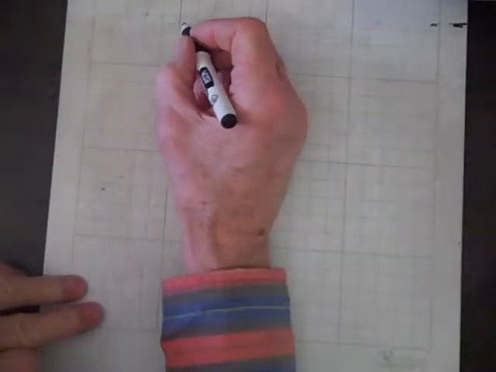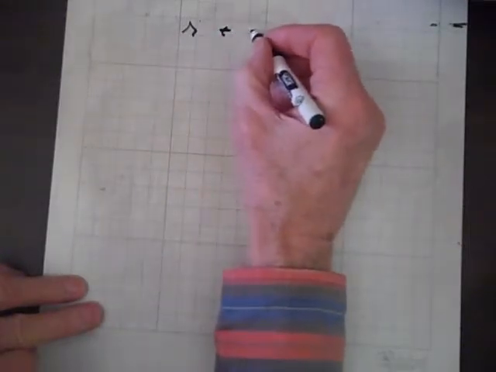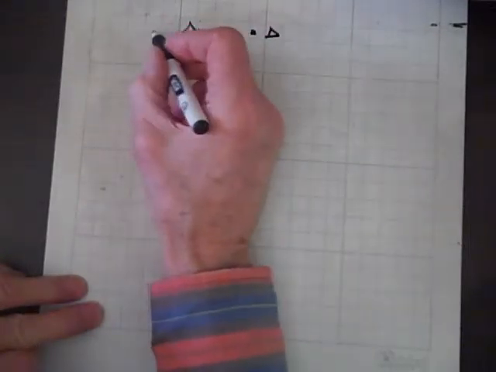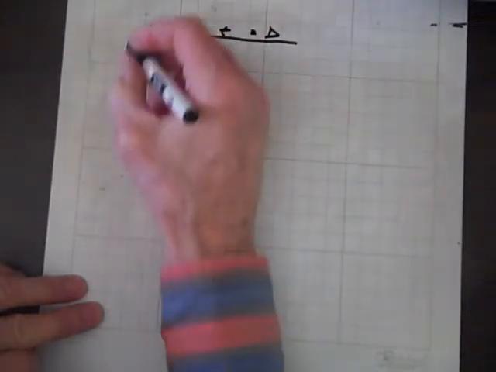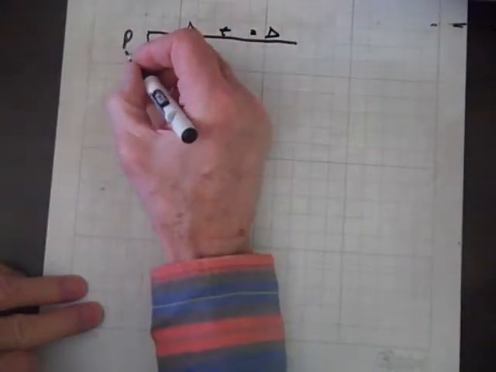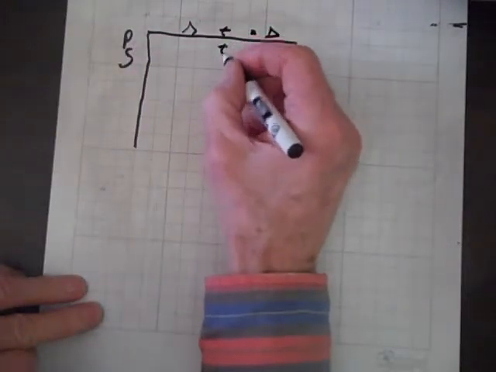Well, first of all, we know this. Rate times time equals distance. And we're talking about Paul and Saul. And the times are identical.